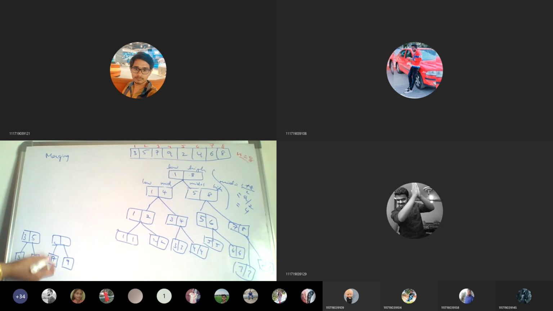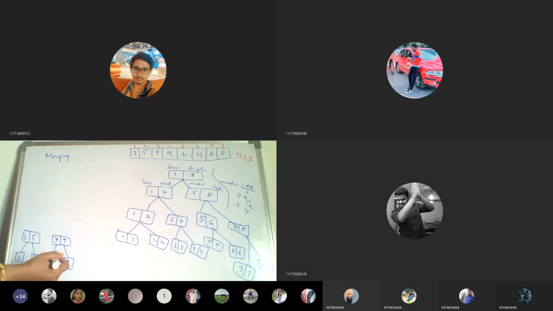When you are merging, the smaller element you combine into the output array. Think like this is A of low comma mid, this is A of mid plus 1 comma high, and this is B of low mid high. Here we have only one element.